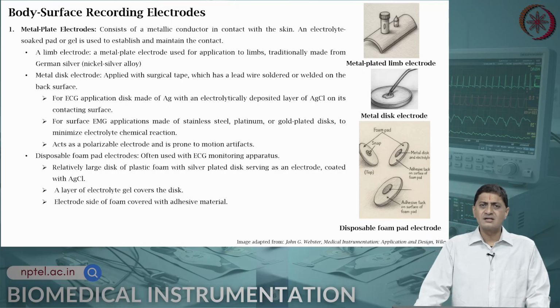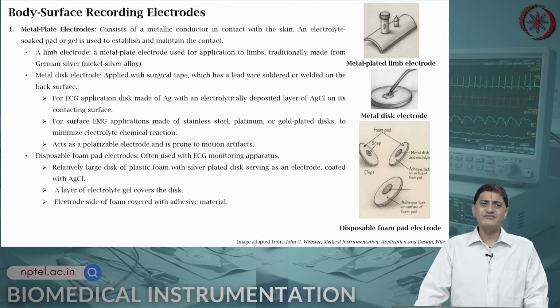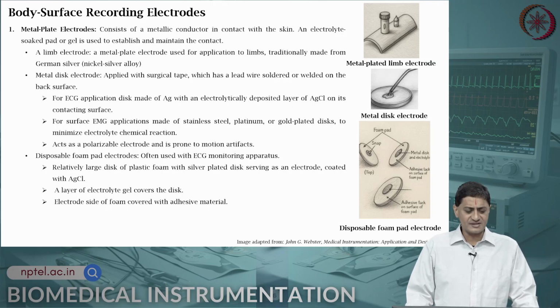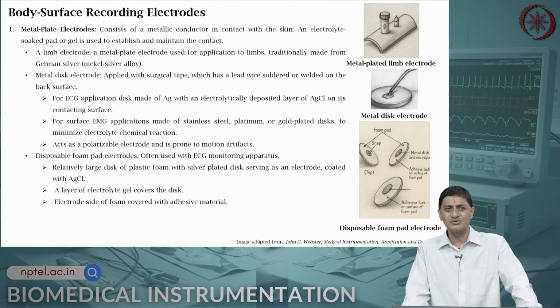So, there are a few ways in which you could classify surface electrodes or body surface recording electrodes. Of course, you could stimulate from the surface, so that is why it is called body surface recording electrodes. So, recall our earlier discussion.